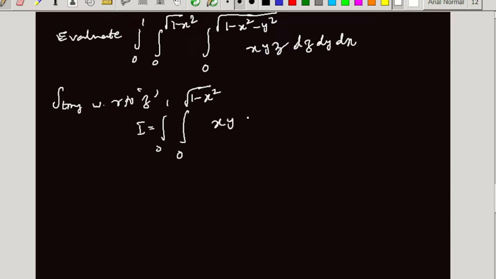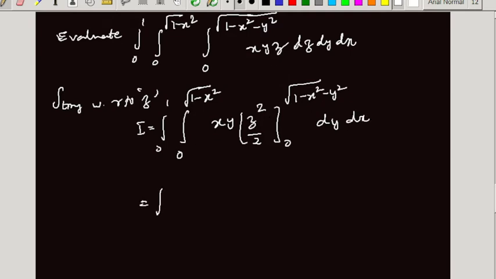We integrate z, so z becomes z square divided by 2, with limit 0 to square root of 1 minus x square minus y square, into dy dx. Here if we apply the upper limit, we can write it as xy divided by 2.